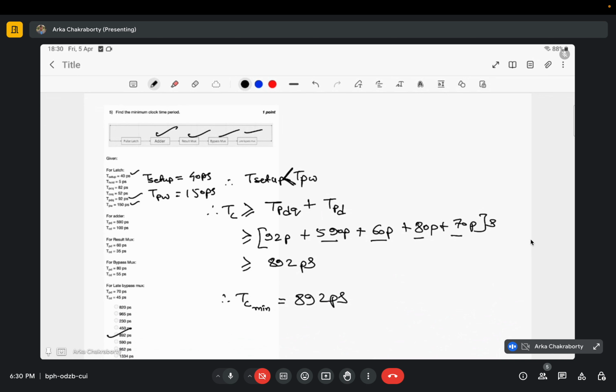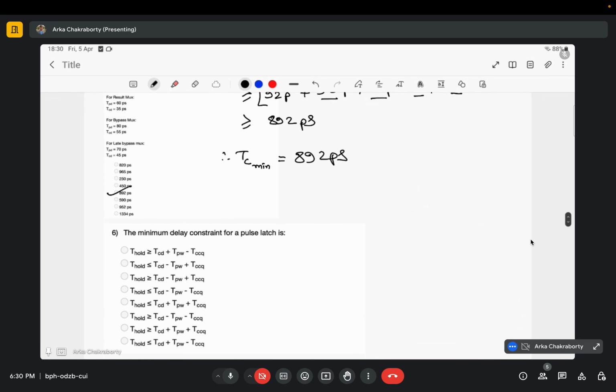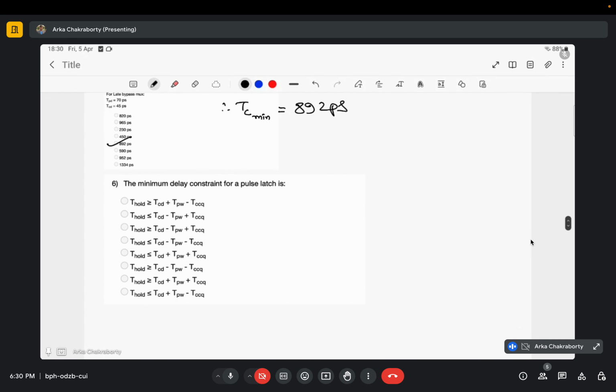Fine, then let's move to the next question, question number 6. They have asked us to find the minimum delay constraint for a pulse latch system. So what would the system look like? The system would look something like this.